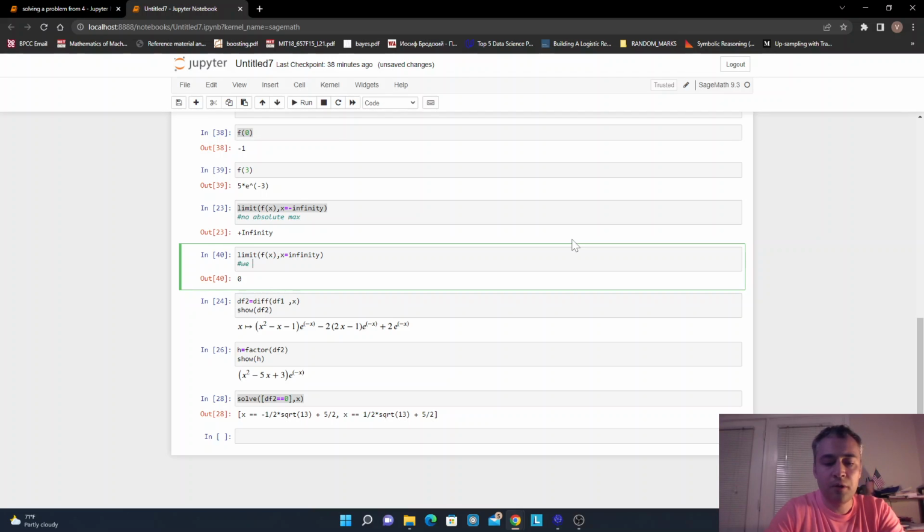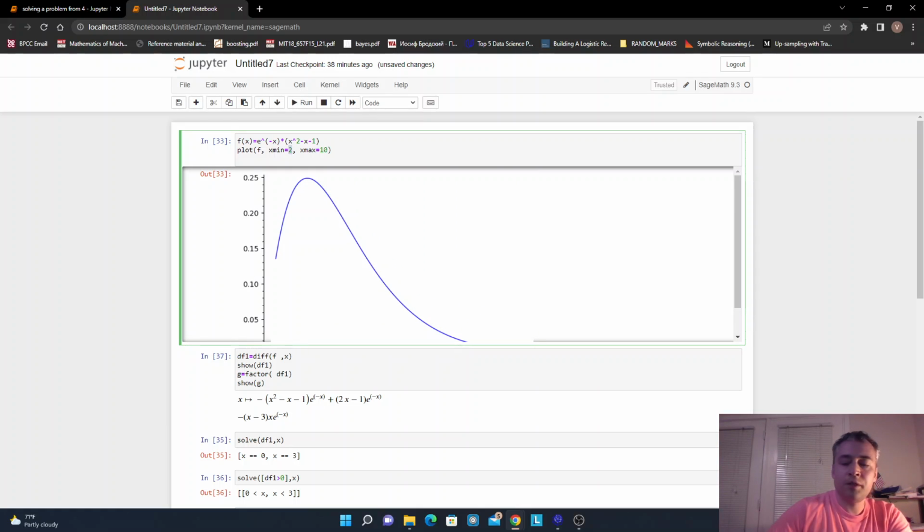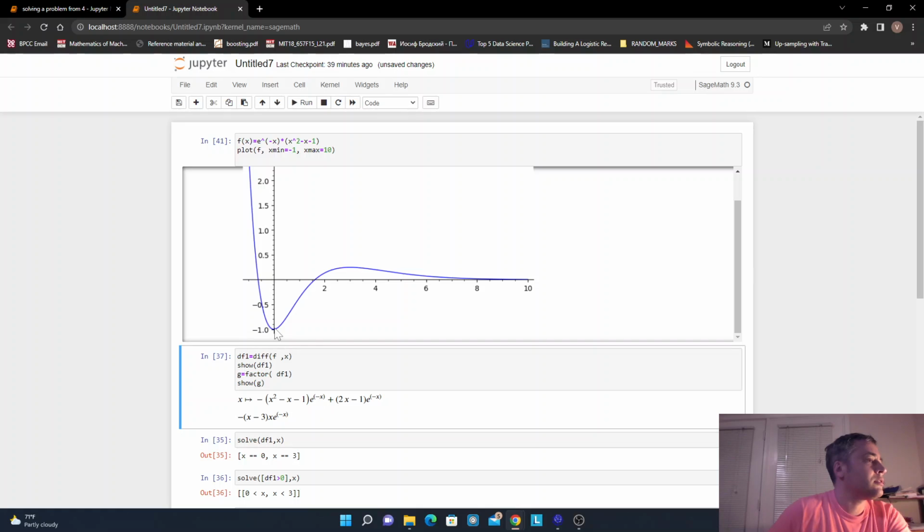Hence, we do have an absolute min at x equals 0. And the f of 0, as we saw earlier, is minus 1. So yes, if we look at values from, say, minus 1 to 10, we will see all those features relatively well. Yes, this is our absolute minimum.